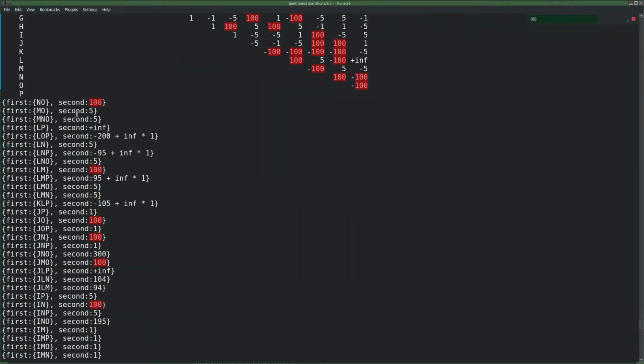Still a bit nasty looking because it prints first and second, but okay.